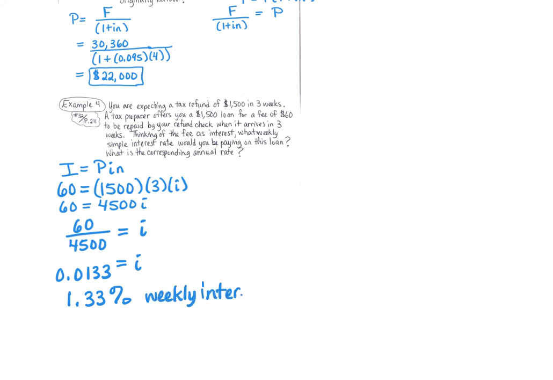Now remember, if you're going from your decimal to your percent, you have to move the decimal place over twice, or you have to multiply by 100. Okay, so we answered the first question. Our simple interest rate would be 1.33% weekly.